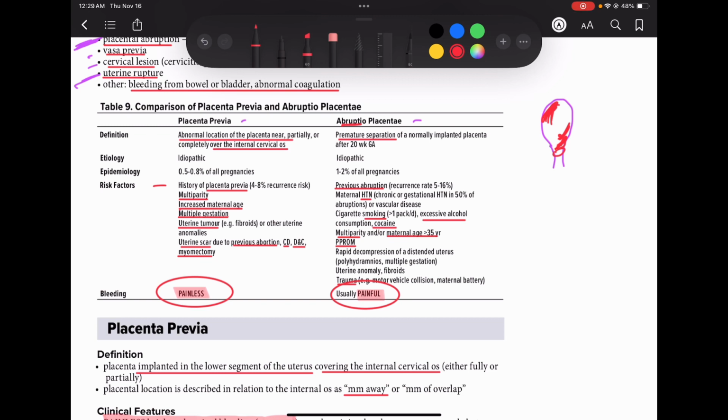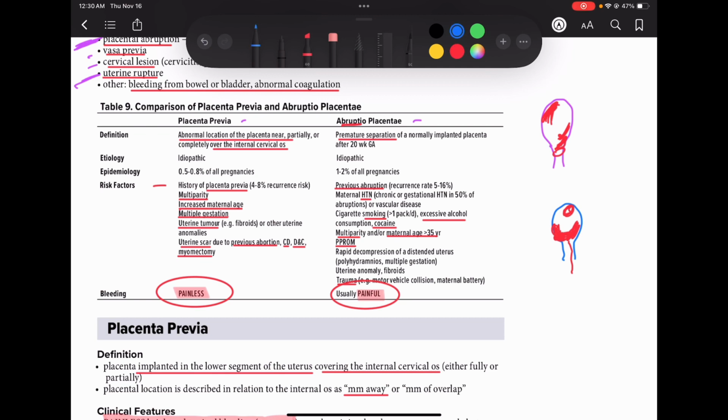So if you think that here's the uterus, because of the previous scar right here of cesarean delivery, or maybe abortion, or maybe dilatation and curettage, there was some uterine scar right here, some myomectomy left a scar, then the placenta would tend to insert there. If there's a uterine tumor somewhere, then the space to get inserted would be decreased, and it would be inserted on the internal cervical os.